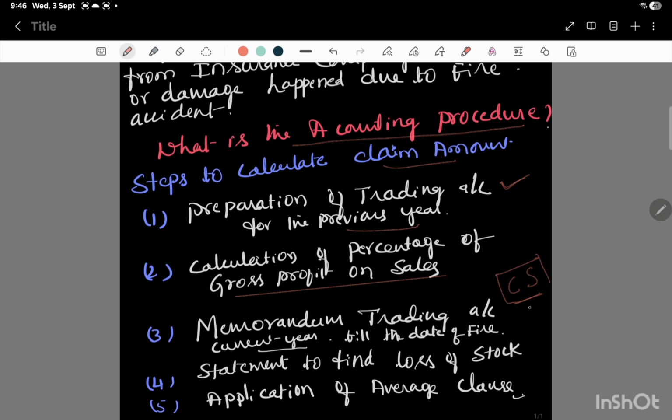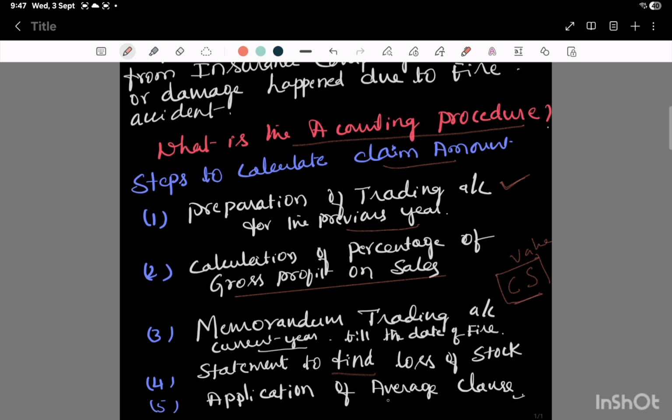To find the value of closing stock, you have to prepare a memorandum trading account, where you first find the gross profit and then arrive at the closing stock value. Based on that, you prepare a statement where you consider the value of materials which have been saved from the fire accident.